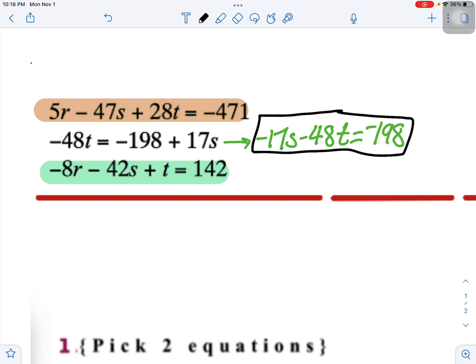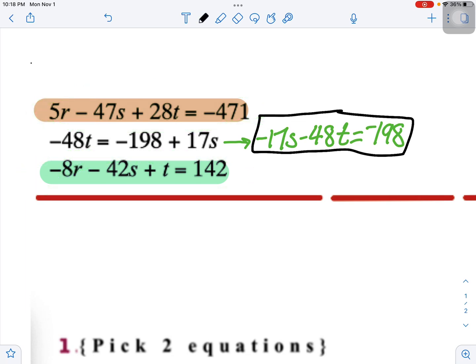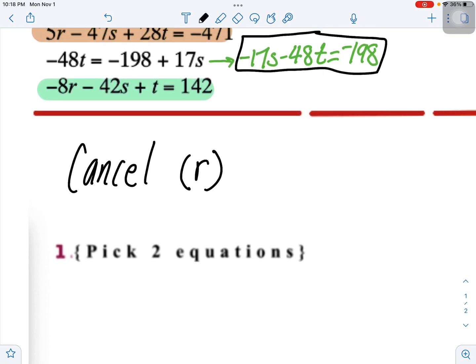So with this equation here, r is missing. So what I want to do is I want to take these two and I want to cancel r. I want to cancel what's missing. So we're going to cancel r.